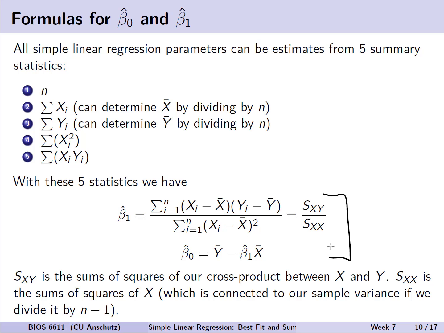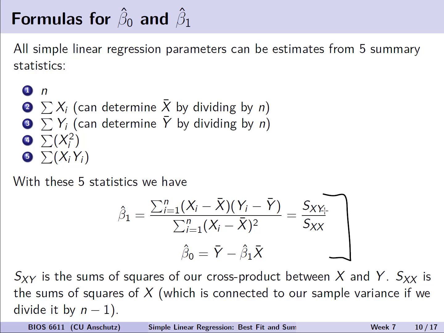We see that beta 1 hat involves the sum of the products of the observed x value minus the mean of the predictor values, x bar, and the observed outcome yi minus the mean of the outcomes, all divided by the sum of our predictor minus its mean, squared. One thing we can note, at the bottom of the screen here, is that s sub xy is the sum of squares of our cross product between x and y, whereas s sub xx is the sum of squares of x, which we'll also see later on is connected directly to our sample variance if we divide it by n minus 1.